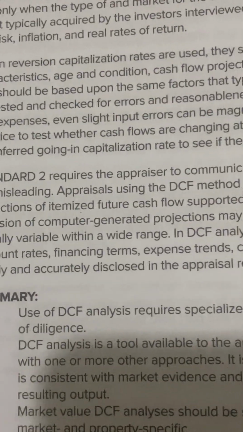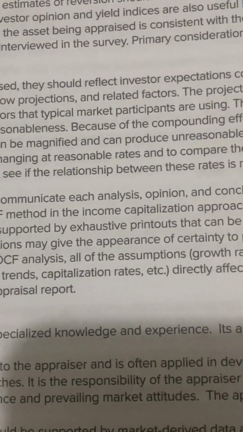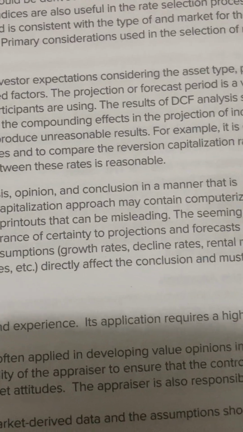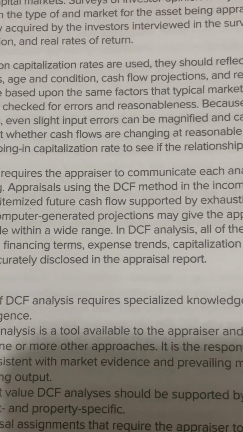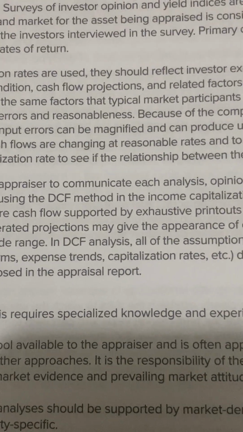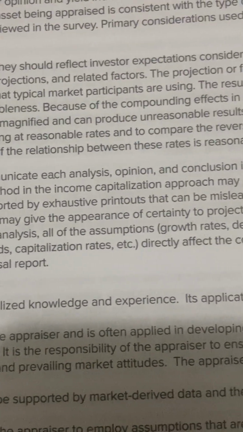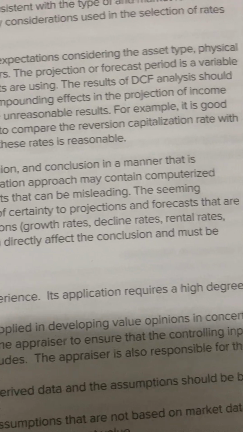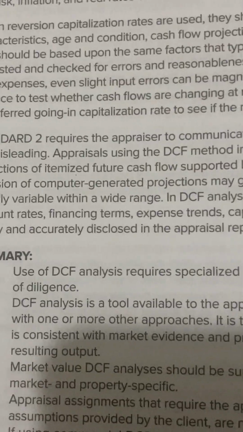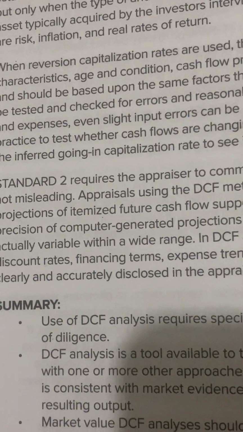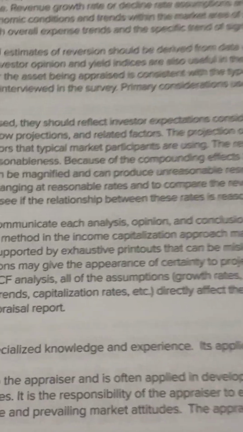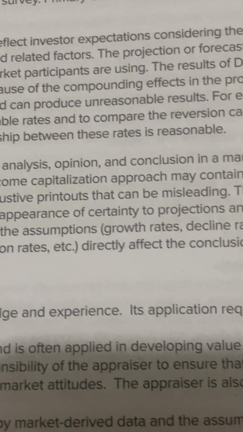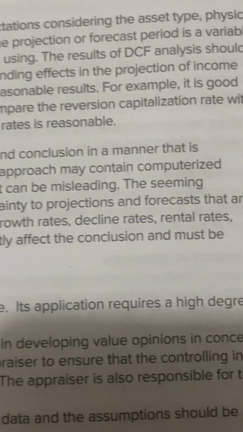Standard 2 requires the appraiser to communicate each analysis, opinion, and conclusion in a manner that is not misleading. Appraisals using the discounted cash flow method in the income capitalization approach may contain computerized projections of itemized future cash flow supported by exhaustive printouts that can be misleading.